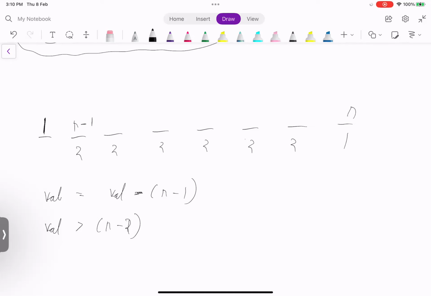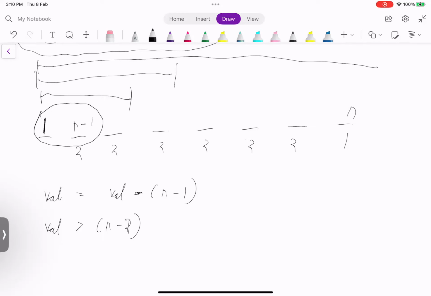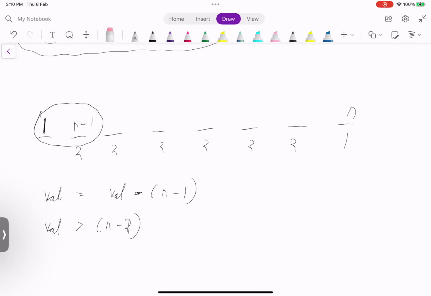Because if you see till here, the difference between the minimum and maximum element will be n minus 2, which means we are subtracting 2 from value. Till here, the difference between maximum minus minimum will be n minus 2 only. Till here also it will be n minus 2. And finally, at the end, it will be n minus 1, right? Because we know that for sure at least one n minus 1 will appear.